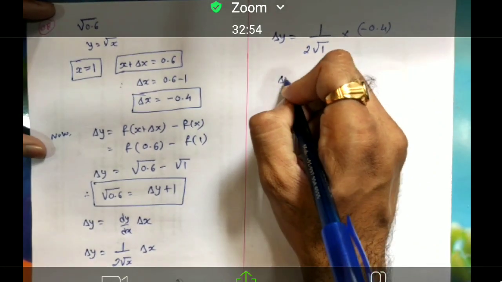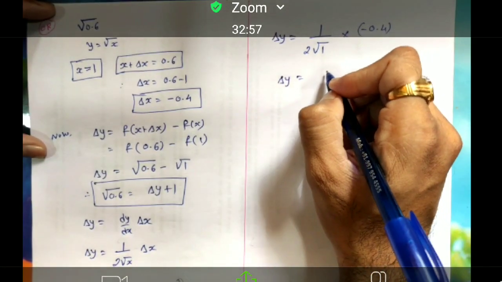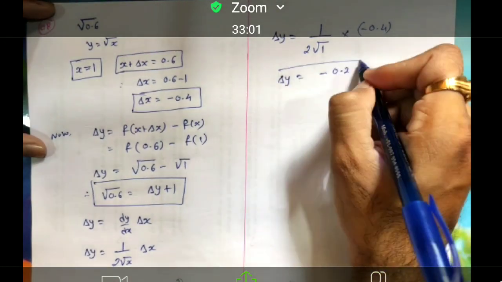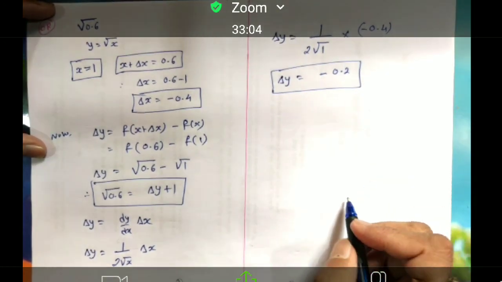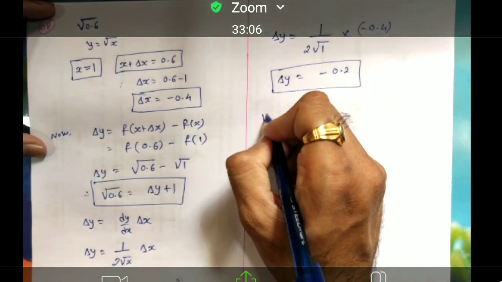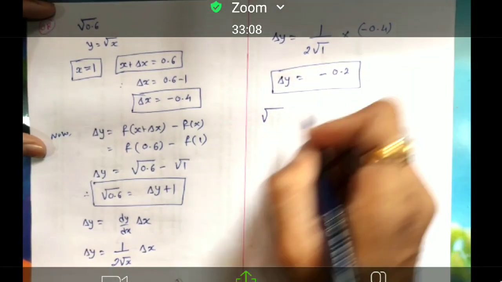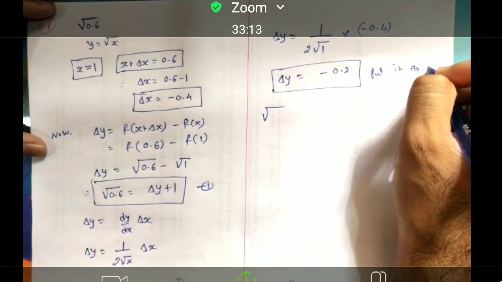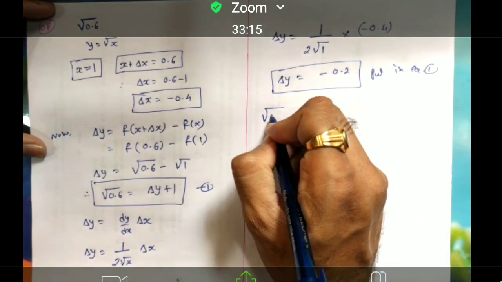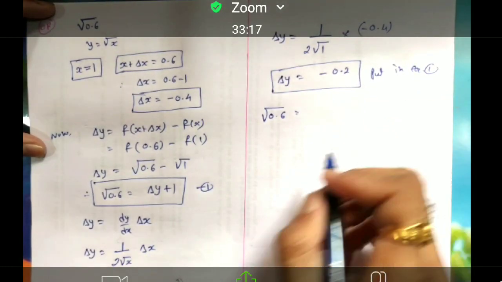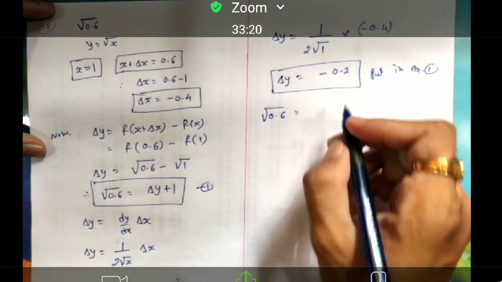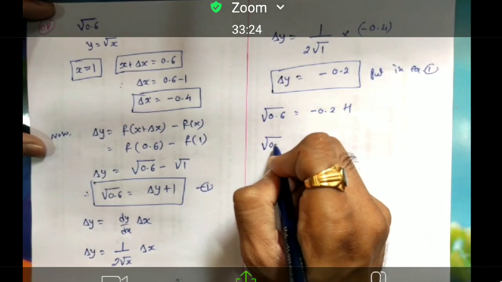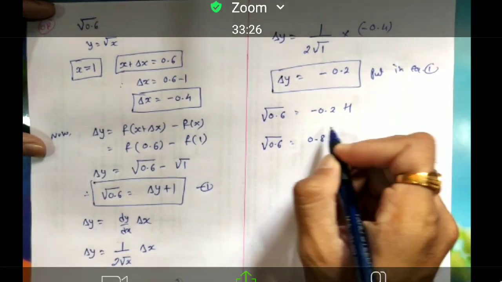So it will be delta y equal to minus 0.2. Put in equation number 1. So our 0.6 is equal to delta y, minus 0.2 plus 1. So its answer is 0.8.